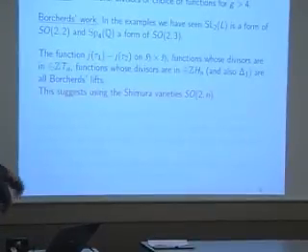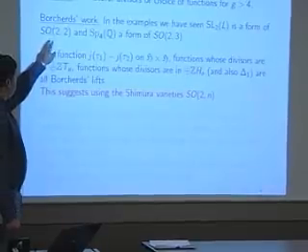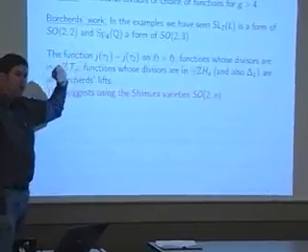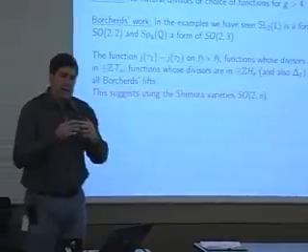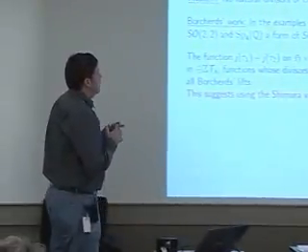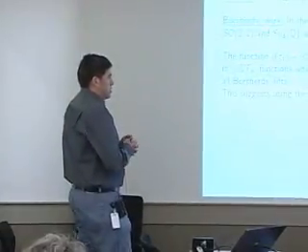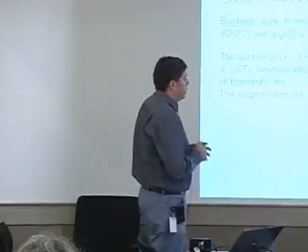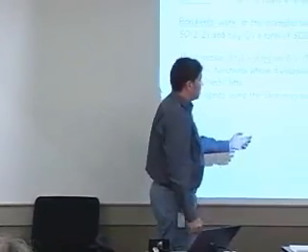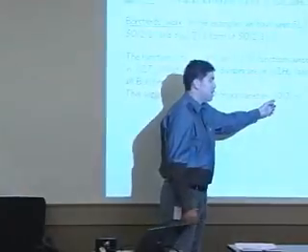And it turns out that those are forms of the algebraic groups SO(2,2) and SO(2,3). So there are those accidental isomorphisms taking place. And Borcherds developed a theory, or got some striking results, about the Shimura varieties of type SO(2,n).